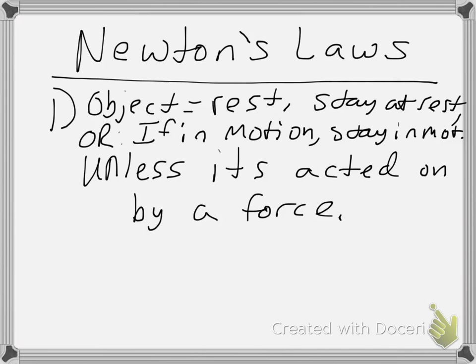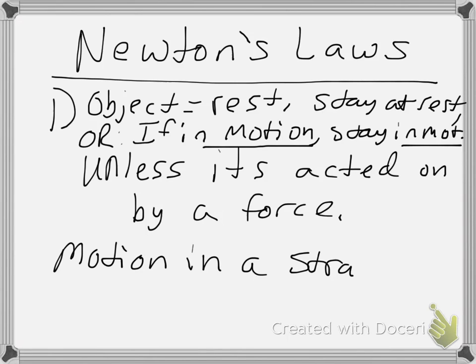Now there's a caveat here with this idea of motion. When we talk about an object in motion, and then it will stay in that type of motion, we are talking about motion in a straight line at a constant velocity.